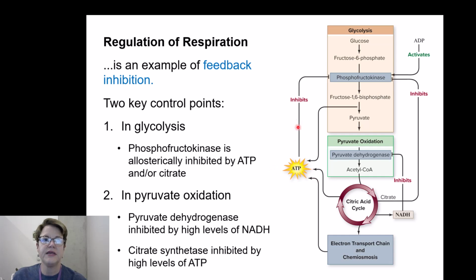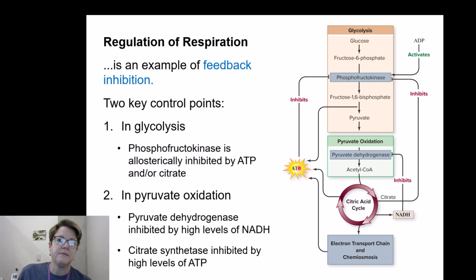So ATP acts as an inhibitor to one of the very early enzymes in the first phase of respiration, called glycolysis. The name of the enzyme is phosphofructokinase. When there's too much ATP being made, it can shut down glycolysis temporarily, not permanently. And then when the levels of ATP start to drop, that inhibition is removed.